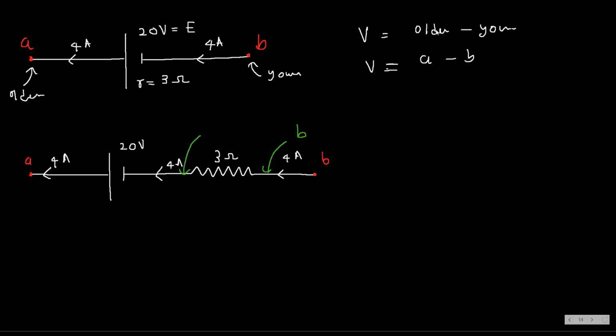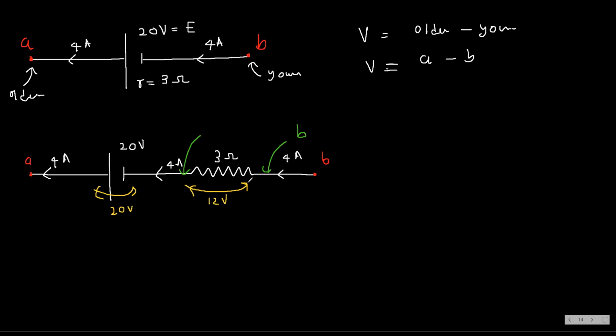First we have to calculate this one. This one is 12 volt. This one is 20. What is the voltage at this point? B plus 12. Yeah, 12 plus B. Is it?